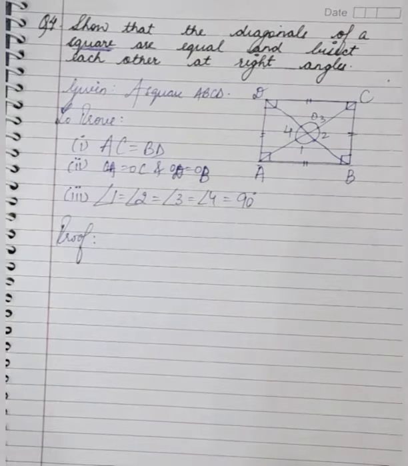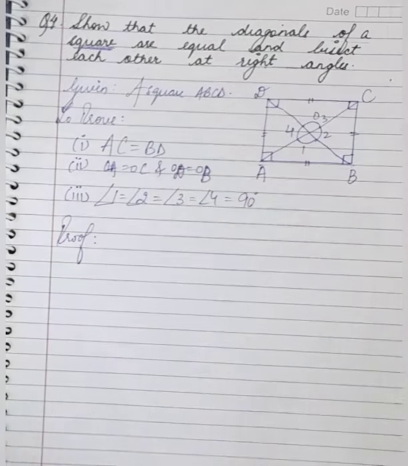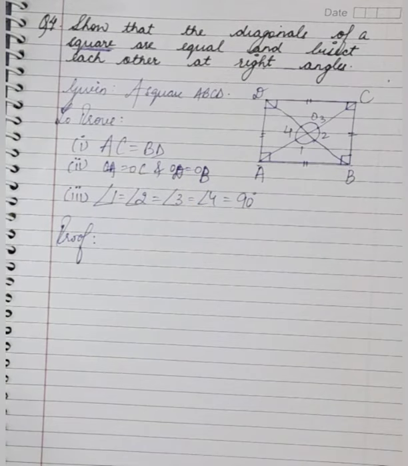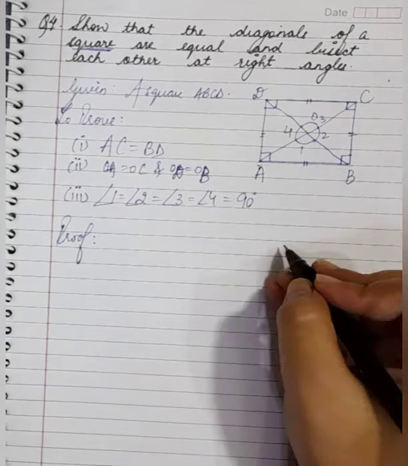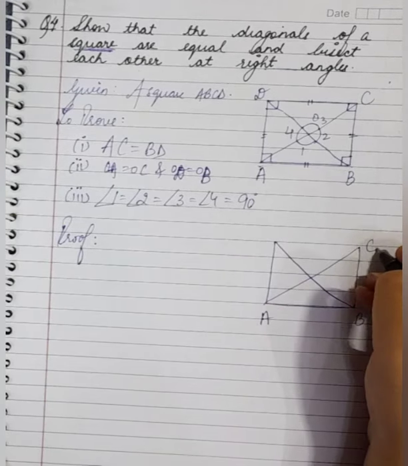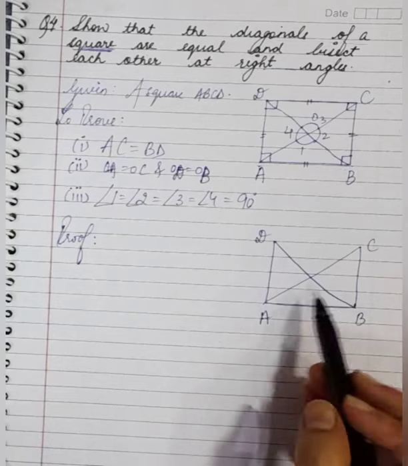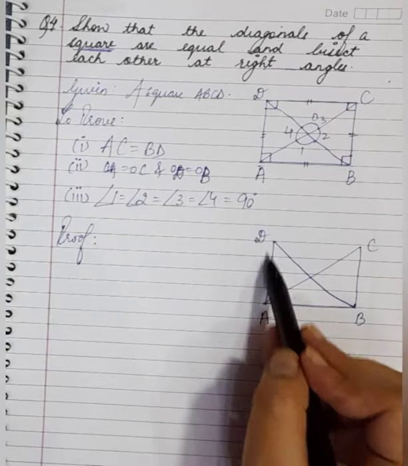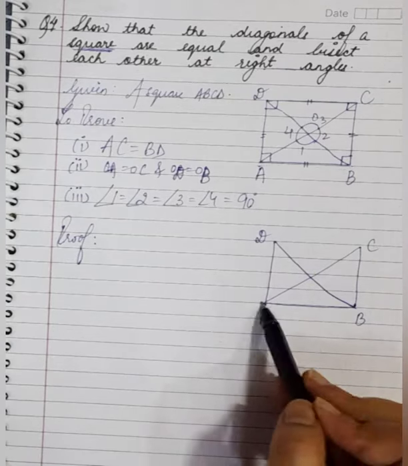The first part is proving diagonals as equal. Now, in order to prove diagonals as equal, we have to take the 2 big triangles where both the diagonals are there. So I am taking these 2 triangles, ABD and BAC.